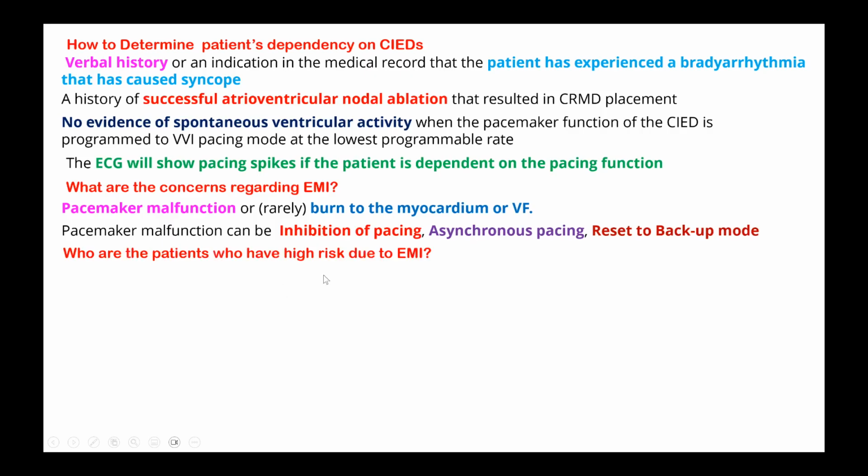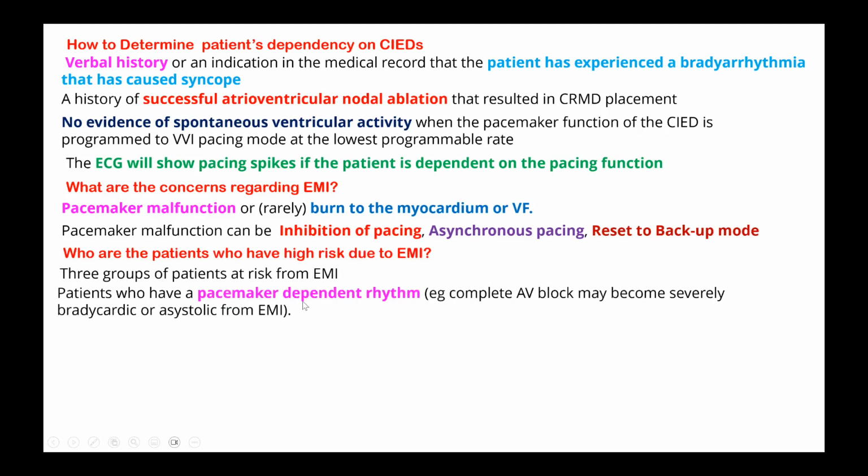And who are the patients who have high risk from this electromechanical interference? Three groups of patients are at a very high risk. One is patients who are pacemaker dependent, with complete AV block, who may be severely bradycardic or asystolic from electromechanical interference. So if the pacemaker has been inserted for complete AV block, we take extra precautions to avoid this electrical interference in theatre.